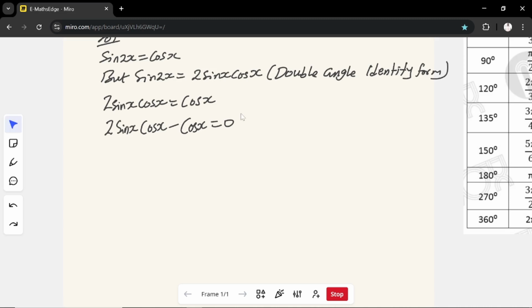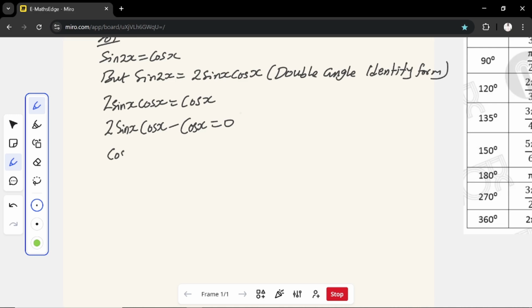If we factor out cos x, when you factor out cos x from the first term, which is 2 sine x cos x, you are going to be left with 2 sine x, minus, so if you factor out cos x from the second term, which is cos x, you are going to be left with 1. Everything is equal to 0, so we have cos x times the bracket 2 sine x minus 1 equal to 0.